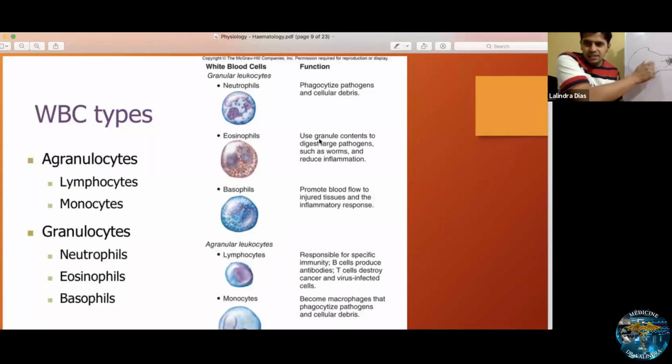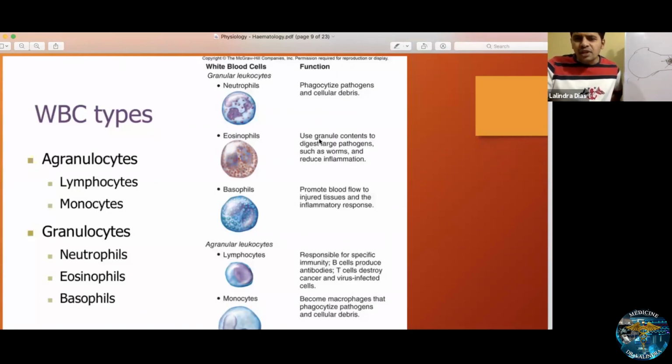Okay, the neutrophils, phagocytic action. Phagocytic means like this. They go and engulf the bacteria and put it under control and destroy it. So phagocytic pathogens and cellular defense. Then eosinophils.